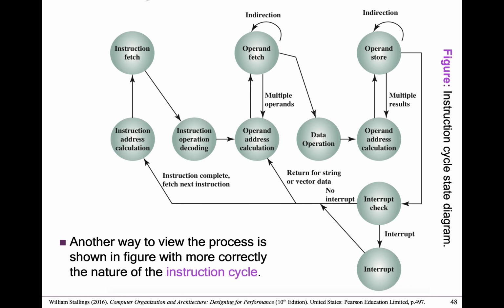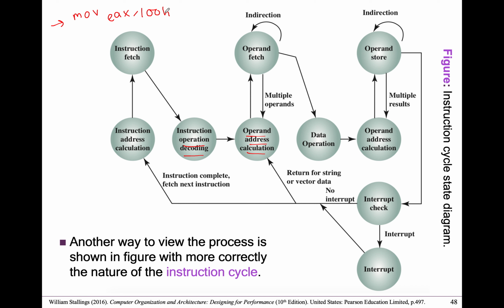You fetch a single instruction first, and you perform the operation of decoding. You decode this instruction. Then operand address calculation. This is your operand, so you calculate what is inside.